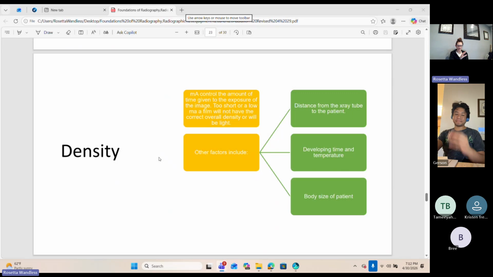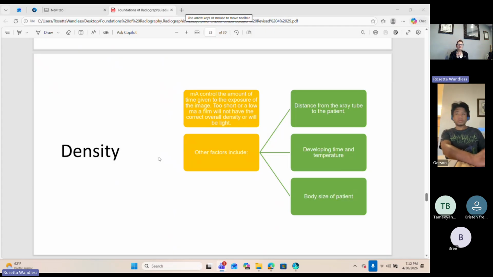Okay, now density. So we're going to talk about density. That's the overall blackness, right? The milliamperage, the amount of electrons, and the amount of time given, the exposure time, will basically control the density of a picture, okay?